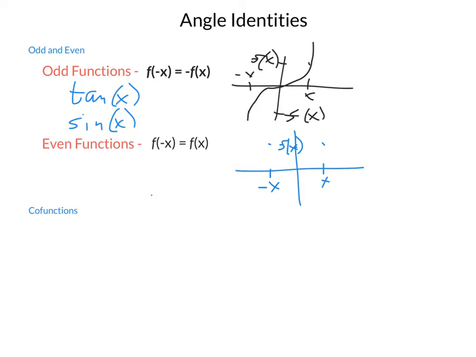So anything that has line symmetry about the y-axis, such as y equals x squared, would be an even function. Or, in terms of our trigonometry, cosine of x is an even function.